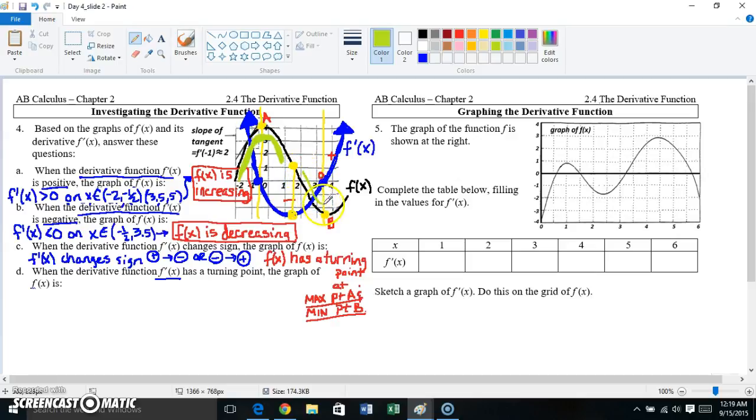And in this next section, the graph is concave up, like a cup. Okay? So when the derivative function has a turning point, f of x changes concavity.